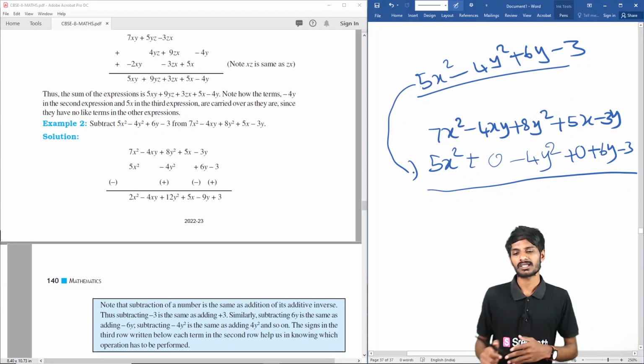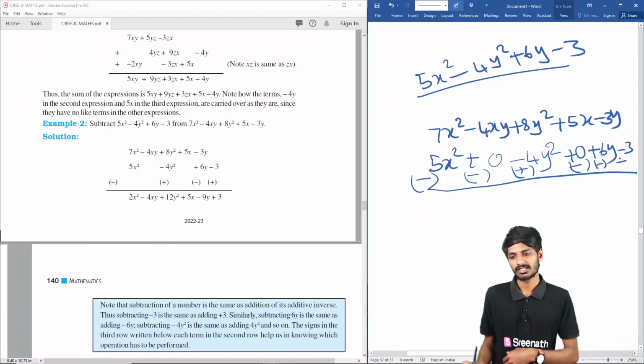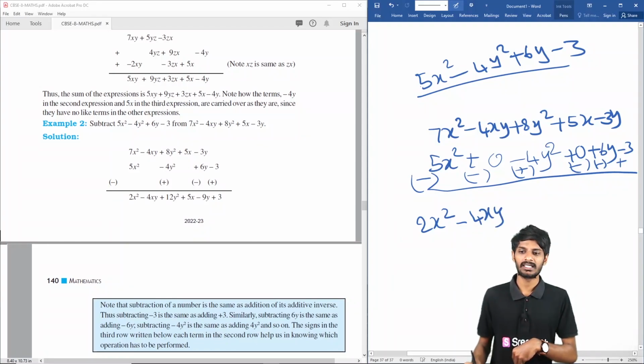While doing the subtraction, we have to change the signs of the terms under them. So 7x square minus 5x square is 2x square. Here it is minus 4xy. And here it is 8y square plus 4y square, which is 12y square.